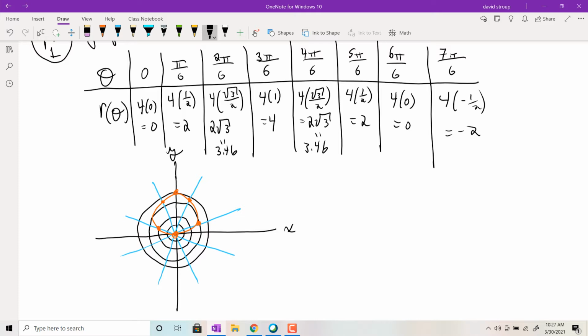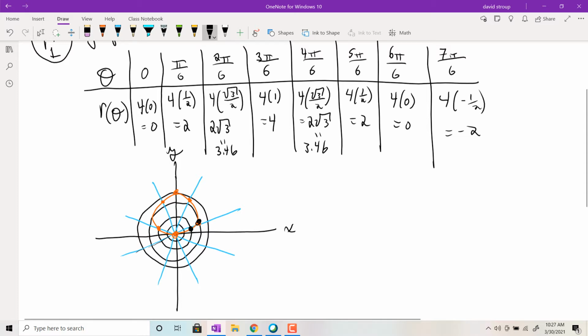It would actually be on this arm, but then you go negative. Oops, so that should be at 2. I screwed up that first point. It should actually be right here, not out there.